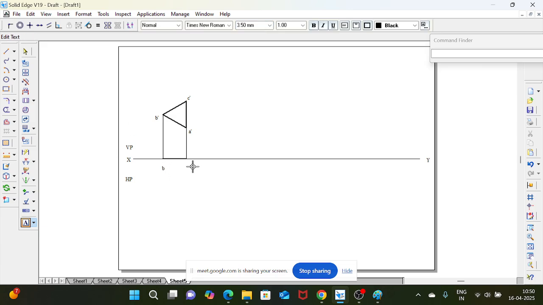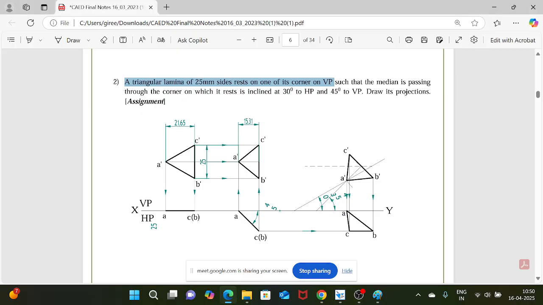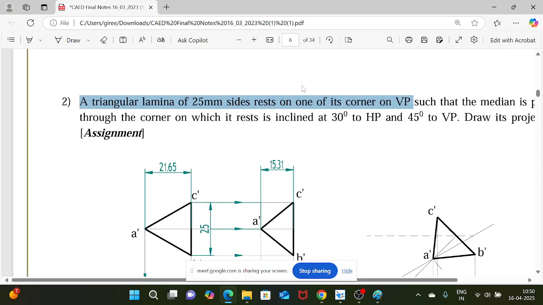This is B, this is C, C of A. When you see from the top, C is visible, A is not visible. So you have to show the given dimension. With this, we have arrived at the first position, the starting state.